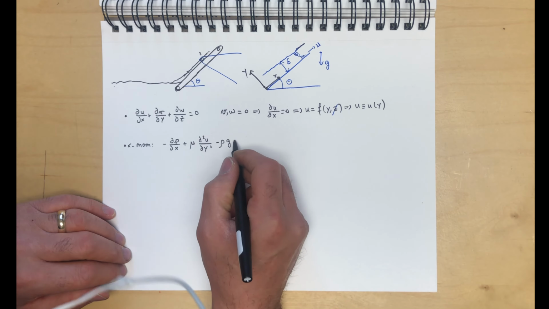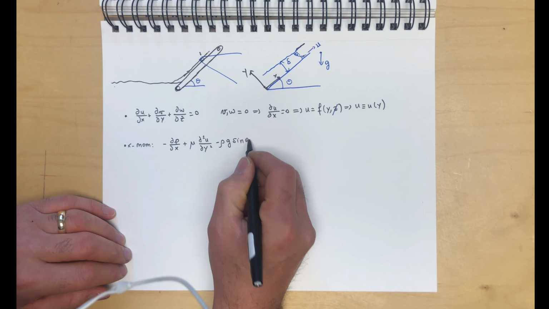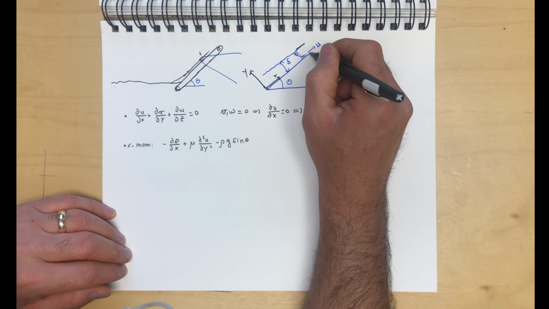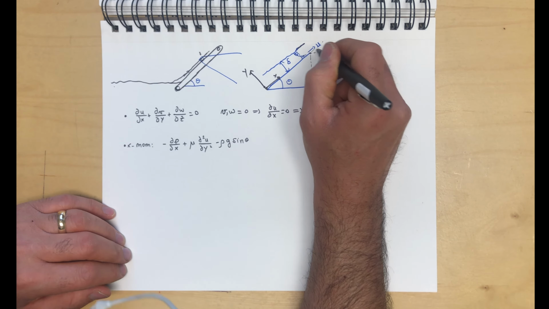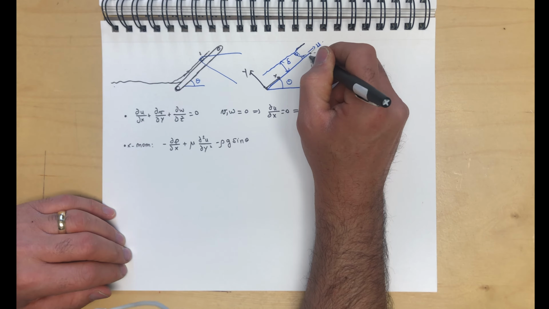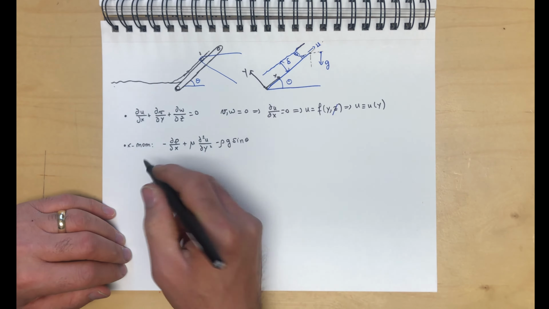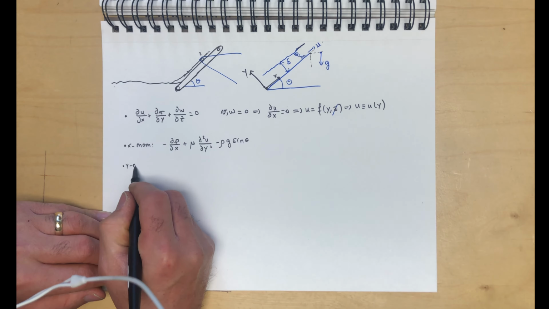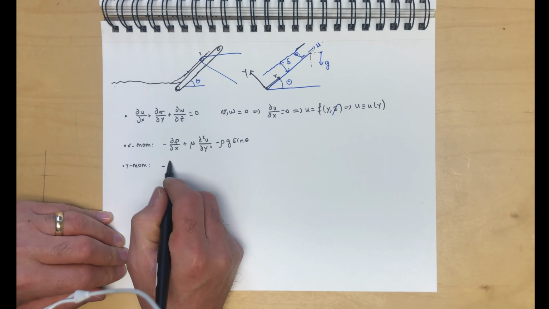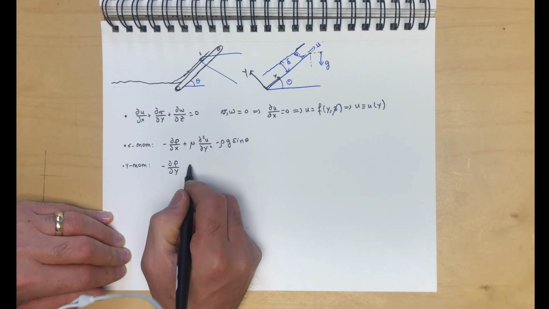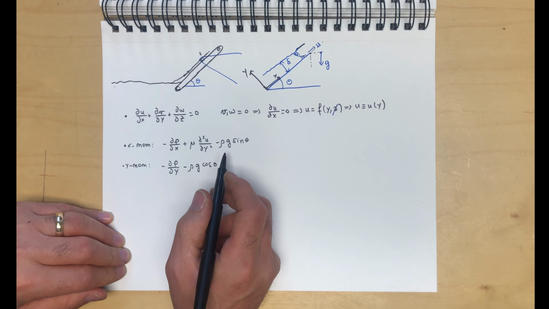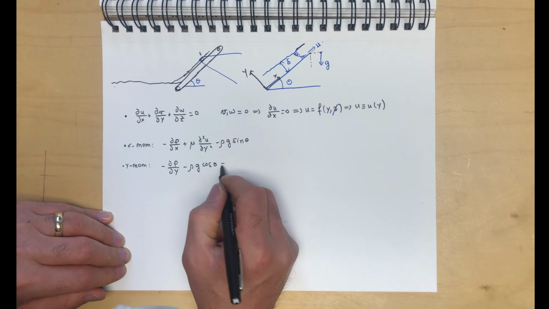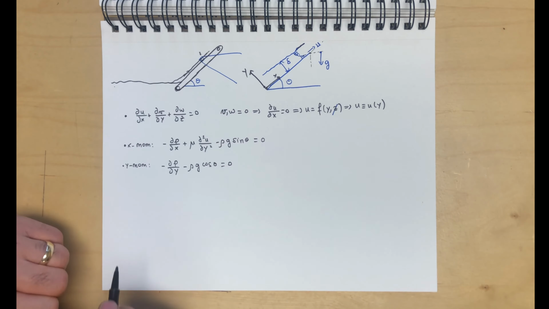So minus rho g sine theta. If you put g over here, and this would be theta, this would be g sine theta when we project g on the x-axis. Projecting g on the y-axis gives us, for y momentum, minus dp/dy minus rho g cosine theta equal to 0.